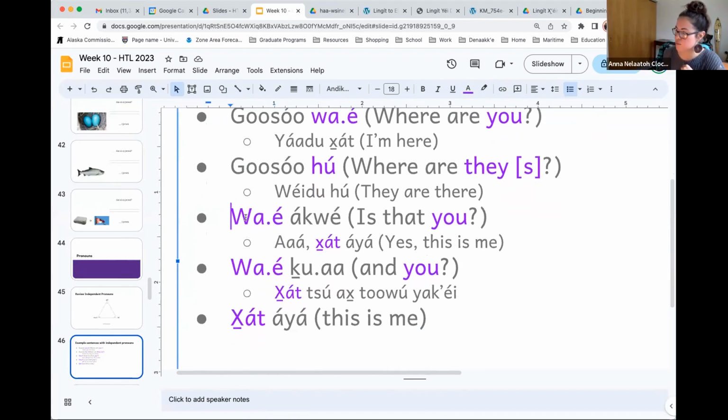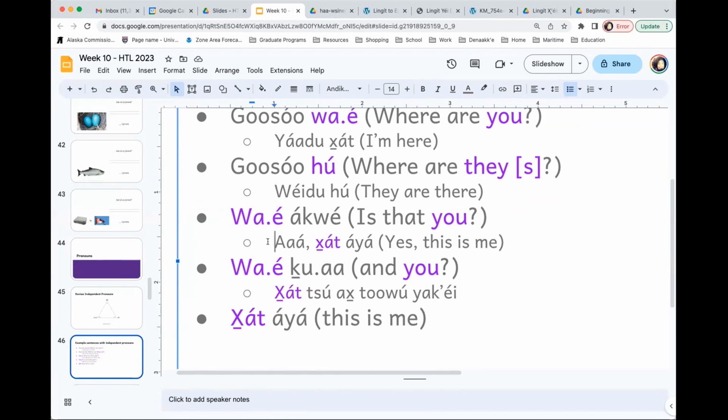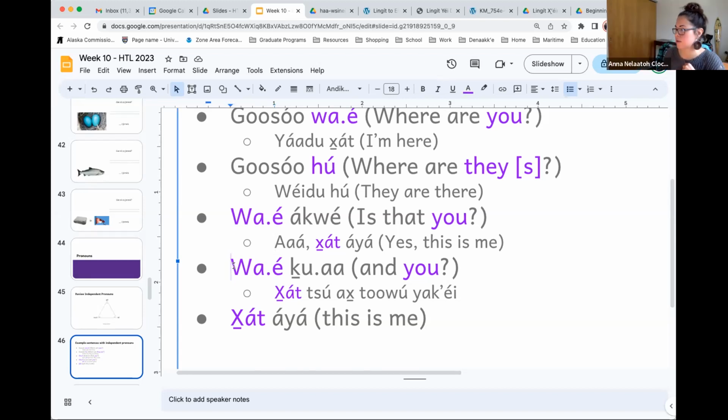Wa'aqwa. Wa'aqwa. Khataya. Khataya. Wa'aqwa. More time. Wa'aqwa.